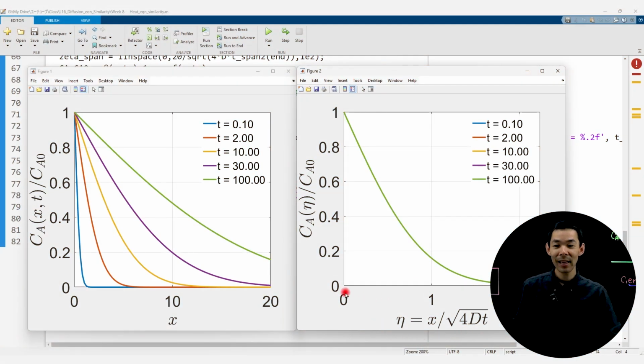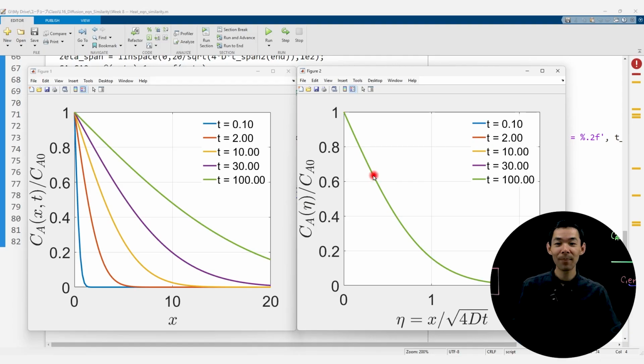And what you end up getting is that all of these different curves, the blue, orange, yellow, purple, green, that used to exist when you plotted time and position separately as independent variables, all collapse to a single universal master curve that you're seeing right here. So like I said, these legends in different time points are kind of meaningless at this point.